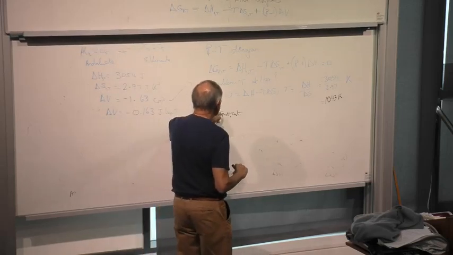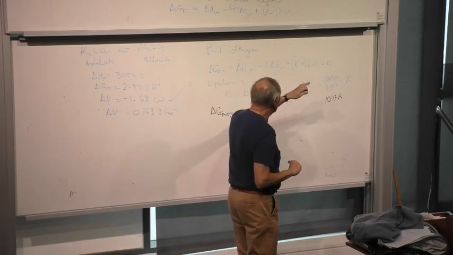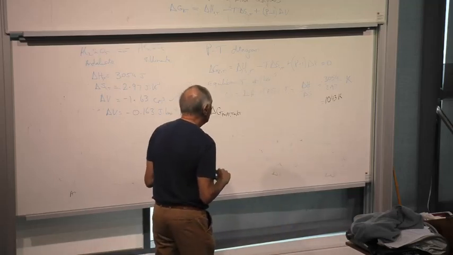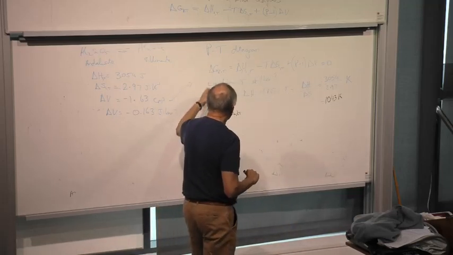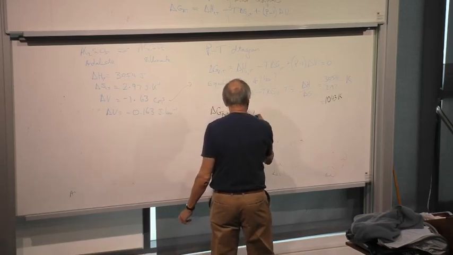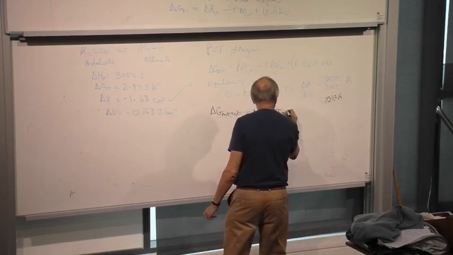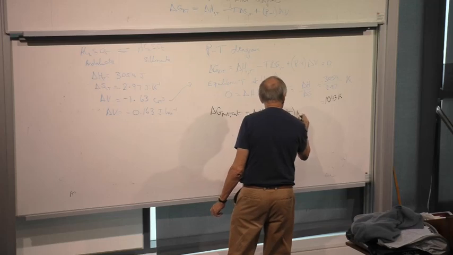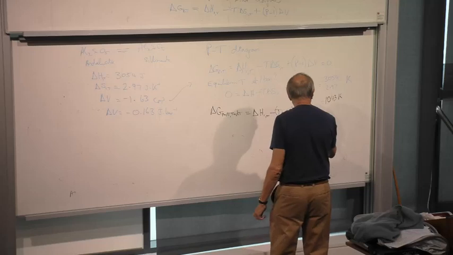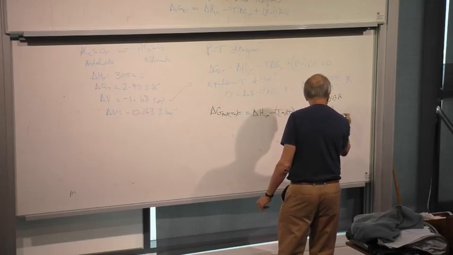So at some slightly higher pressure and temperature, we set delta G equal to 0, which equals delta H minus T plus dT times delta S, plus P plus dP minus 1 times delta V, equals 0.